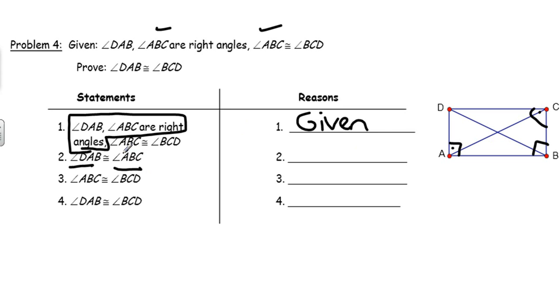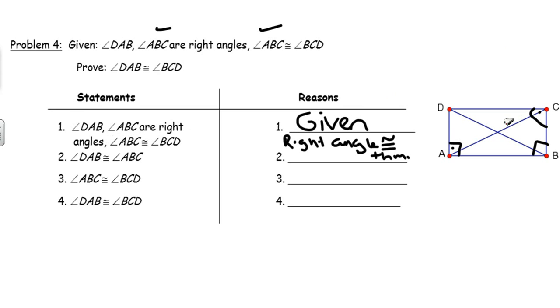If you remember what that's called, it's got the words right angles in it, and we established that right angles are congruent, so that's the right angle congruence theorem. And as always, you can abbreviate as long as it's clear what you're trying to say.